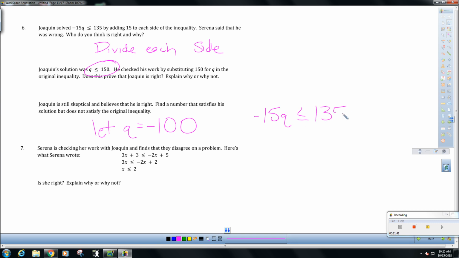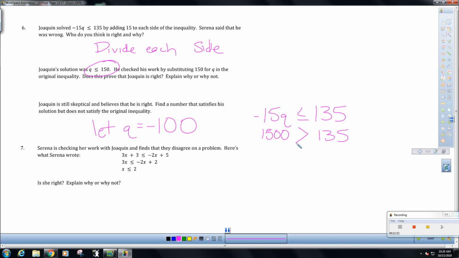What is negative 15 times negative 100? Well, that is positive 1500. And which one of those is bigger? Certainly this one. So that disproves, or it proves that Joaquin is incorrect, or it disproves Joaquin. That is called the counterexample, or a counterexample.